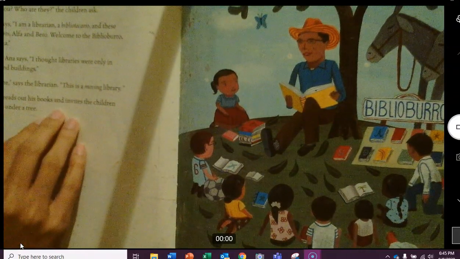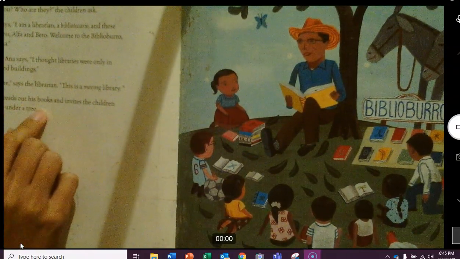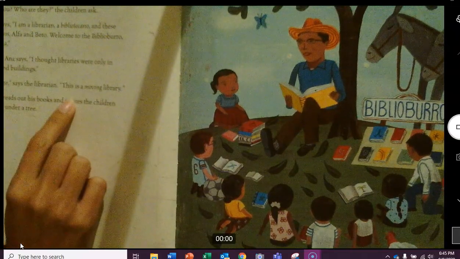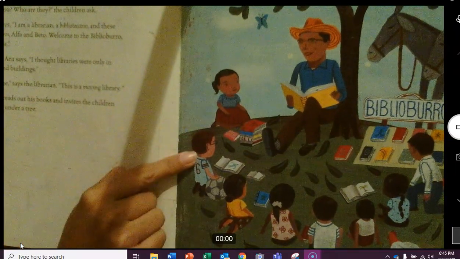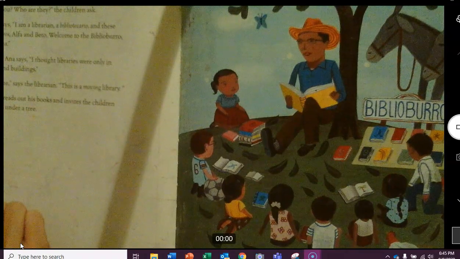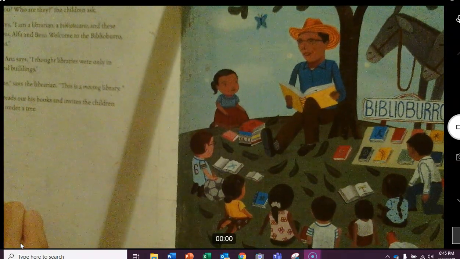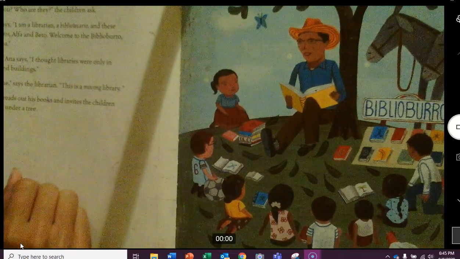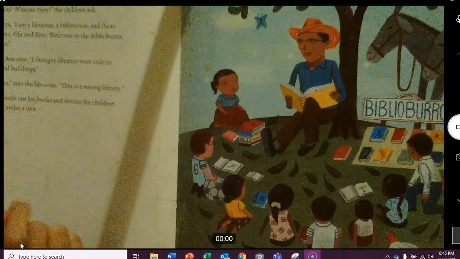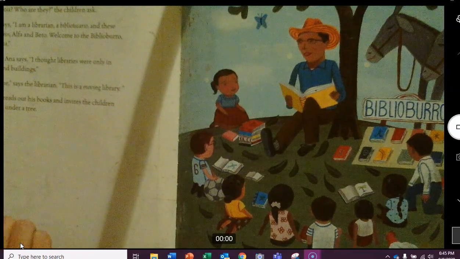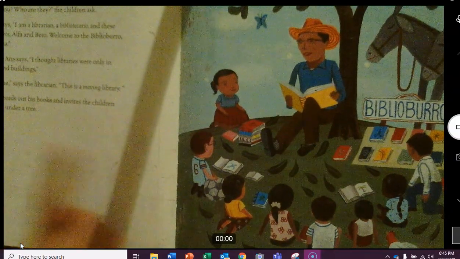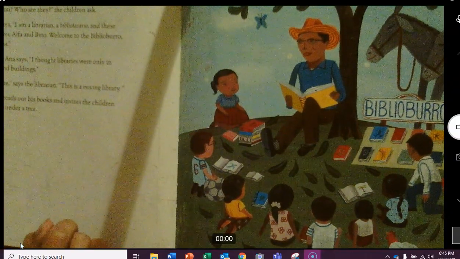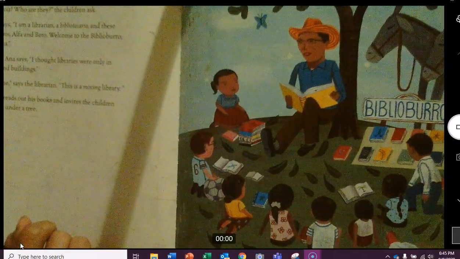What about our text? What are some things that we've heard while I was reading that we noticed in the picture? Think. Yes, somebody says that he mentioned a moving library. And what is the moving library? What do you notice is the moving library?